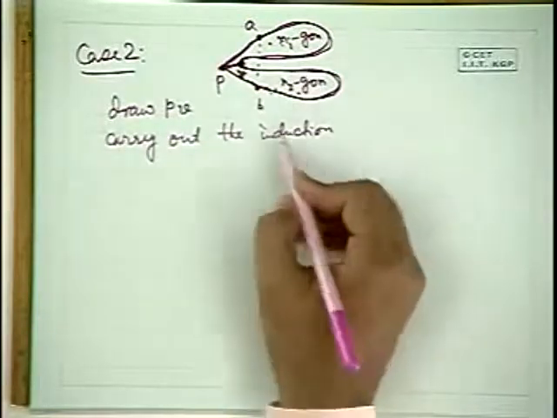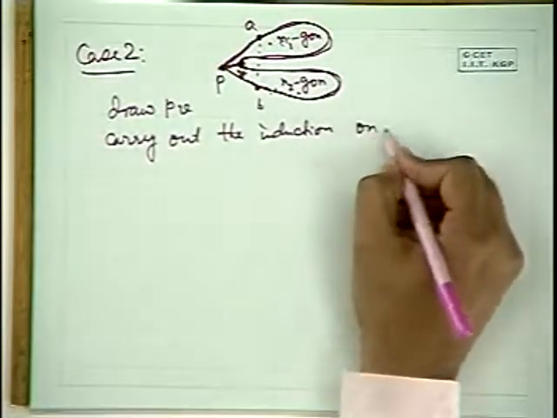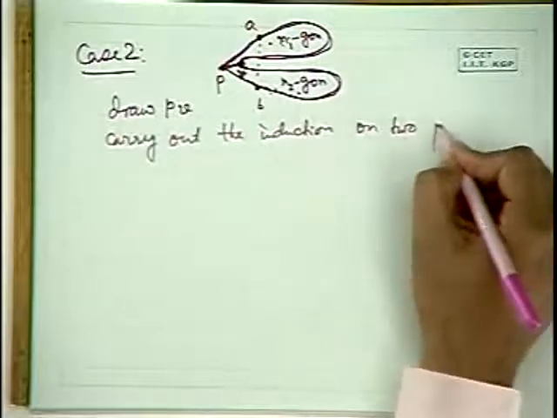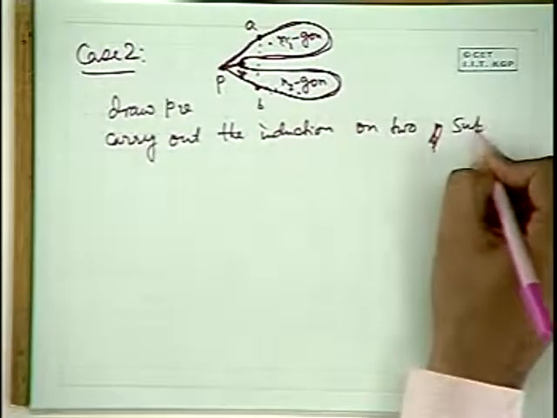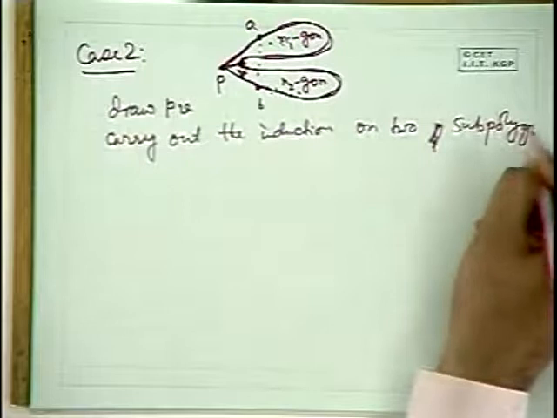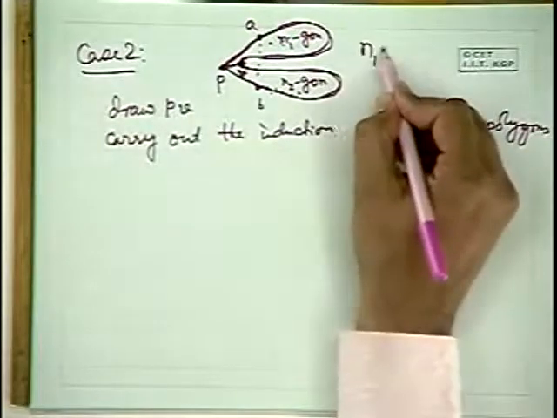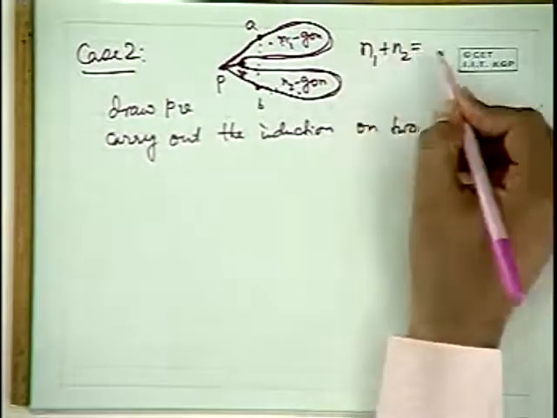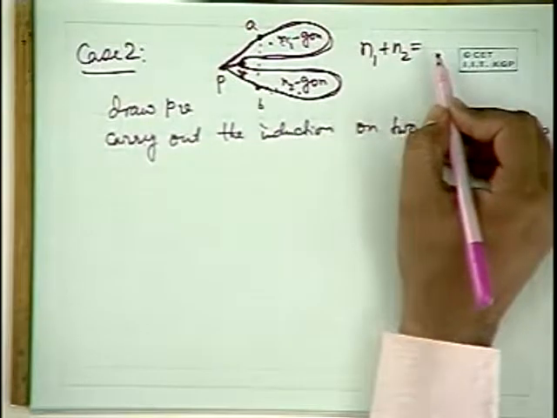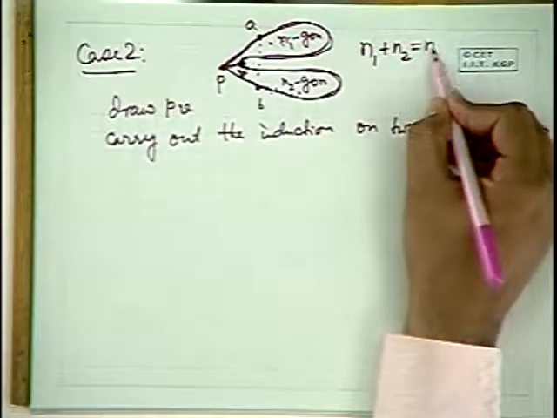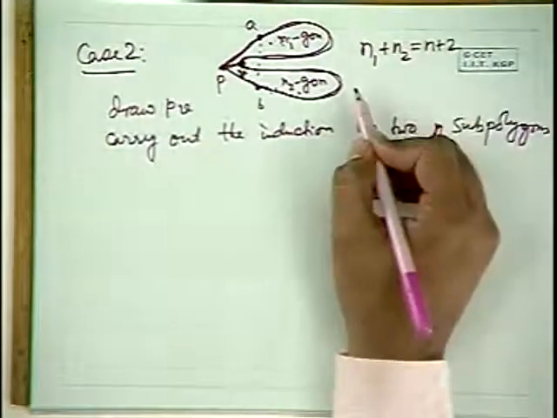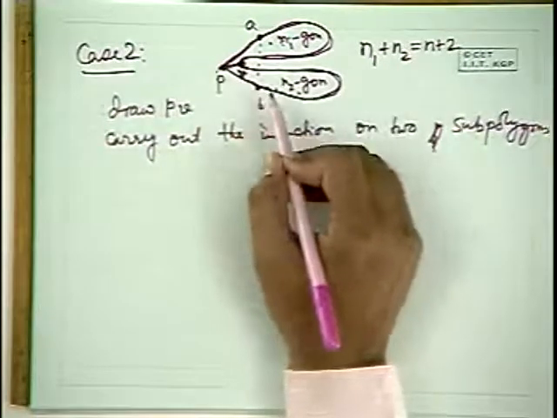So this says carry out the induction on two subpolygons. So basically N1 plus N2 is equal to what? Can somebody tell me this? No, it is N plus 2. Because these two vertices are counted twice.